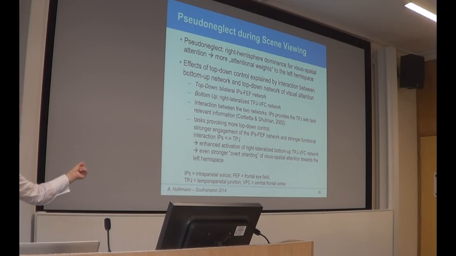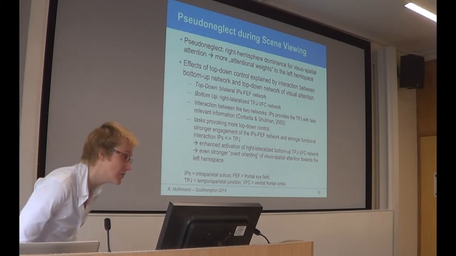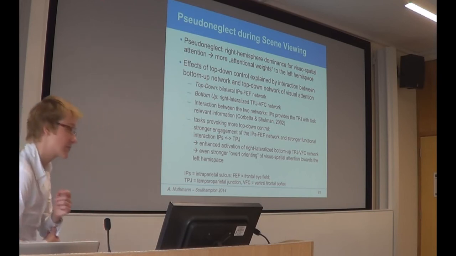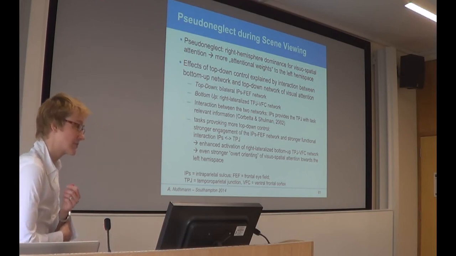So it's quite tricky. It's through this interaction of those 2 networks that you would be able to argue that the task with the higher top-down control would show a stronger effect. But that wouldn't be able to necessarily explain the same effect within actual neglect.